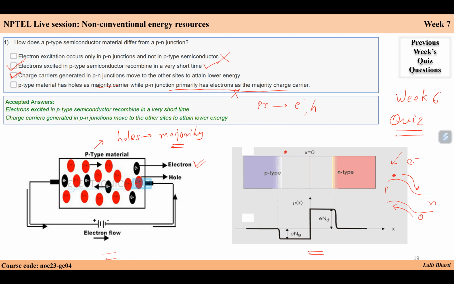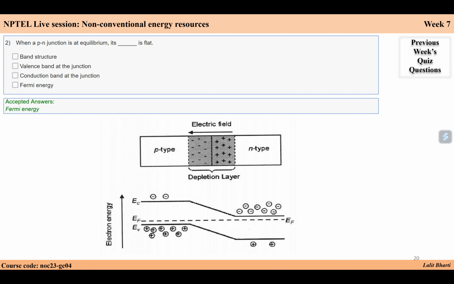They have electrons, they have holes. So a PN junction has both. So this statement is also incorrect. So only second and third are correct. Then we'll go to the next question.